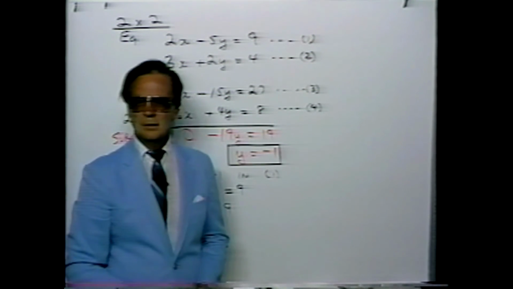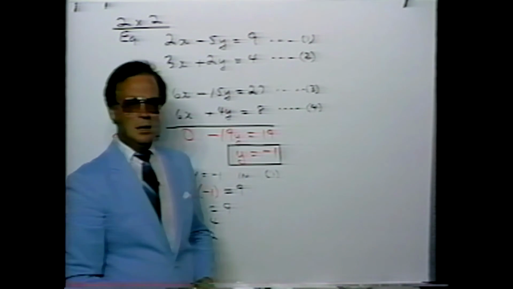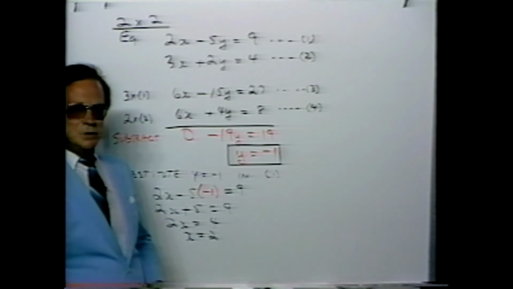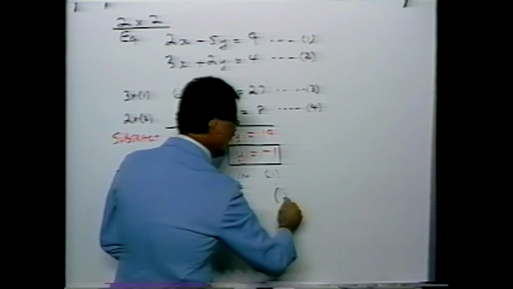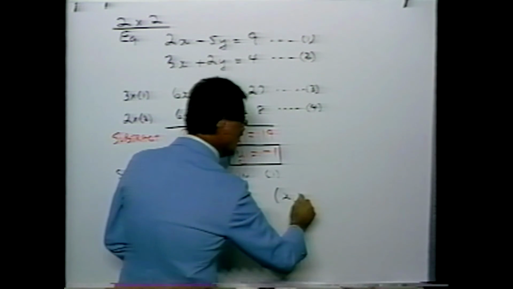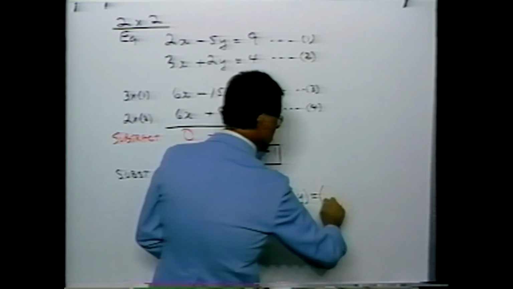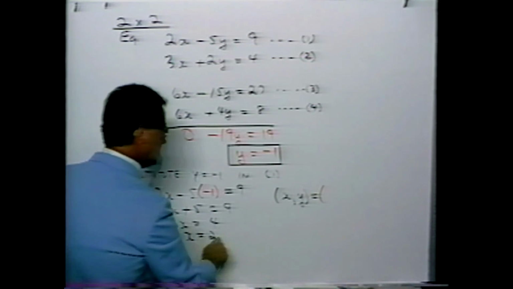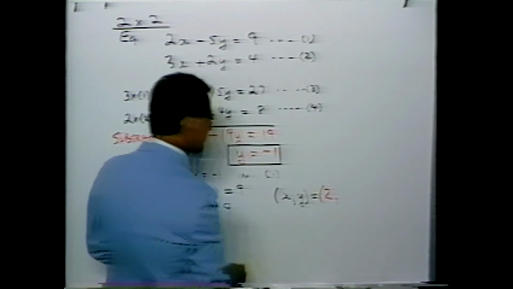Now, what I want you to do is to write all your solutions in a particular way. Put a bracket followed by x, comma, y equal to, what was x? 2. X is first here, so it'll be first there.